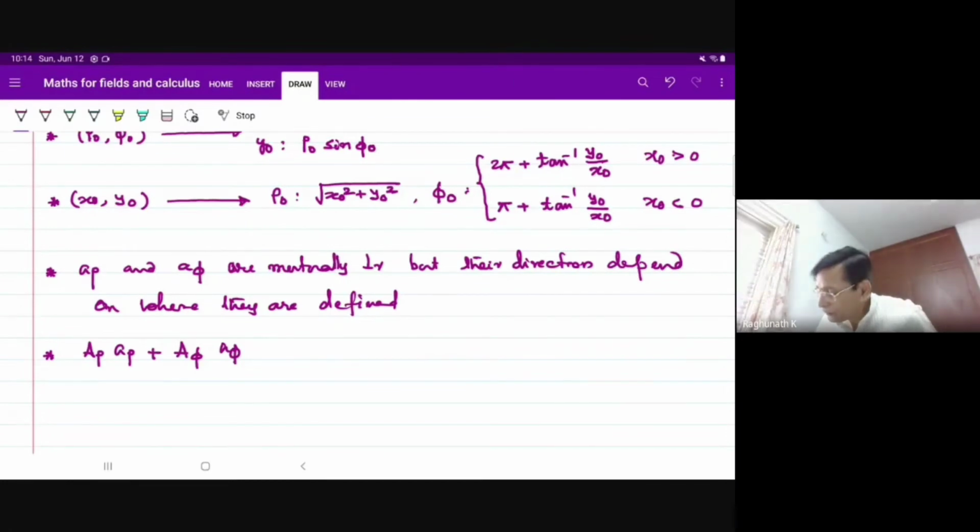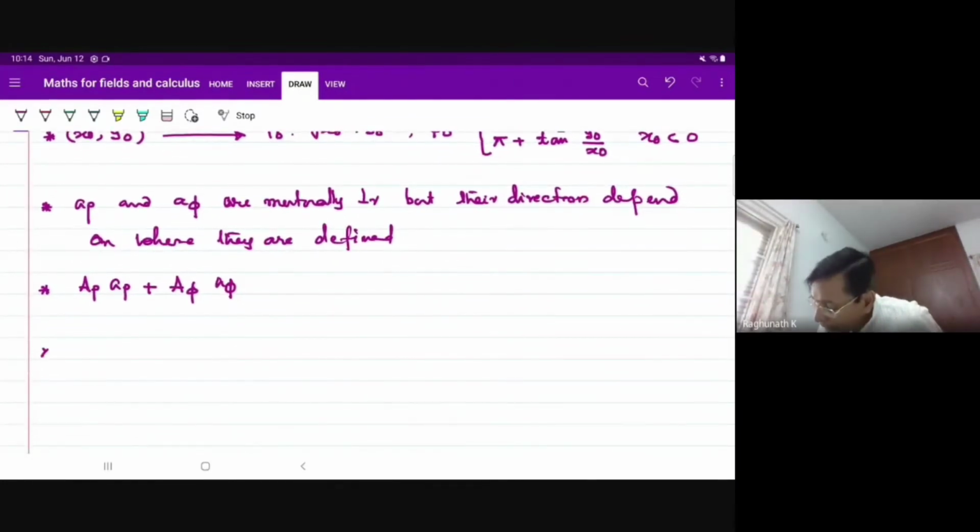Next, we defined dL bar. Now, carefully. At any point rho comma phi, dL bar in this plane will have two perpendicular or orthogonal components.